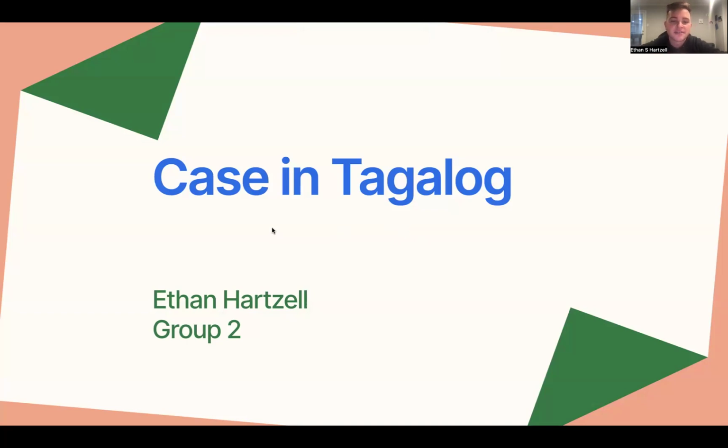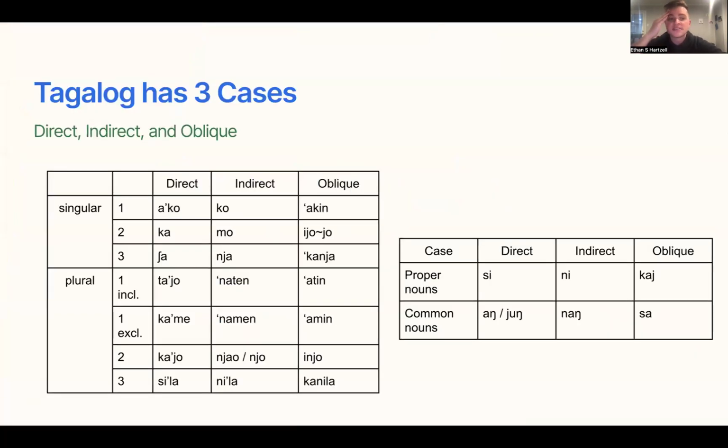So I'm going to start us off with talking about case in Tagalog. We decided to call the three cases by the following names: direct, indirect, and oblique. As you can see, the three cases manifest in the pronominal system and also in these particles which precede noun phrases.